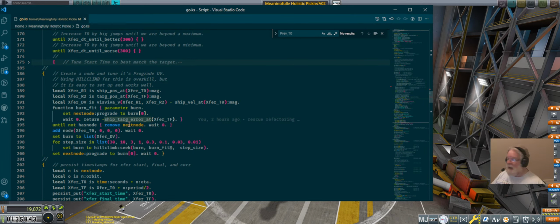In reality, I could start off with a burn vector that includes two components, and not just hill climb the prograde vector, but also hill climb the radial vector. That gives us another degree of freedom in our solution.